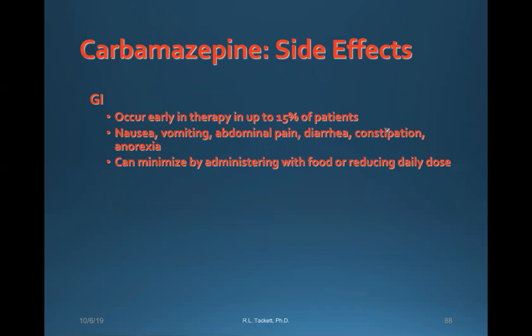Nausea is a common complaint. Abdominal pain, we can get diarrhea, constipation, and sometimes anorexia. The anorexia, think about this: if a person's nauseous, they're not going to really want to eat. So that's an issue that comes into play there.